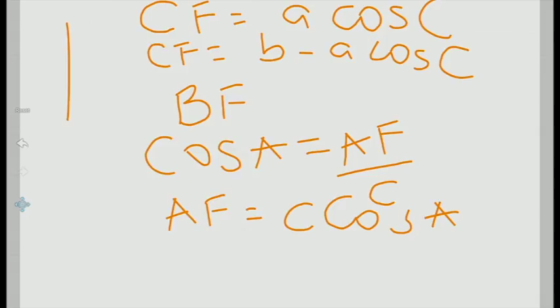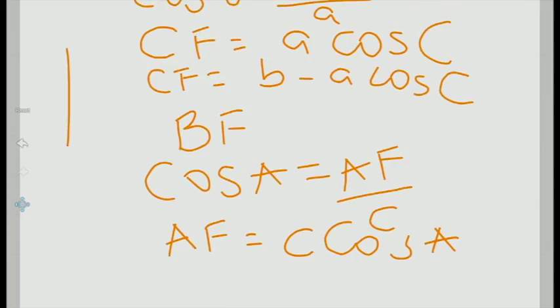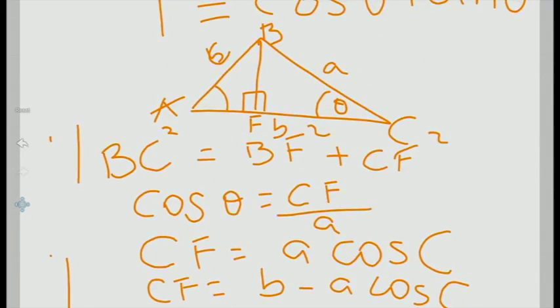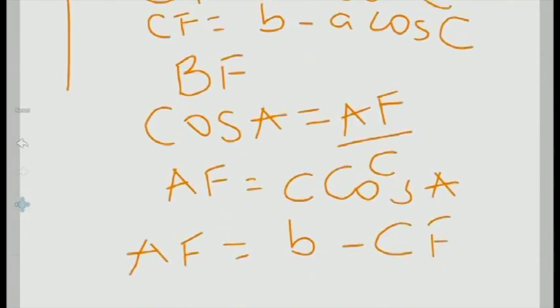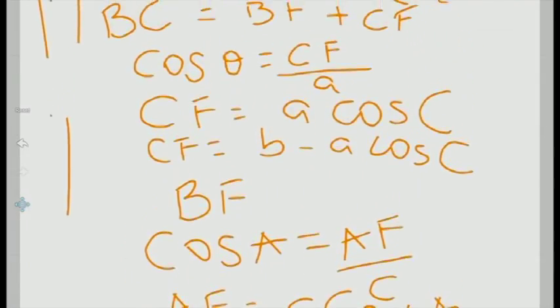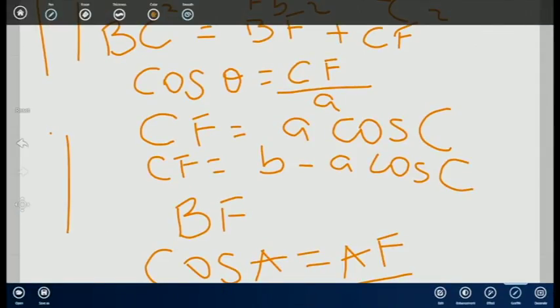What is AF now? AF is the fraction that is missing when you subtract CF from B. Let's go back to our triangle and see this is AF. So B minus CF will give you AF. So AF is B minus CF. Now we have AF, we have CF, we have BF.